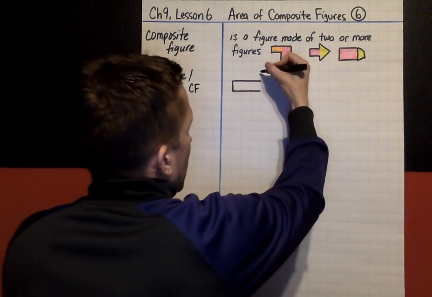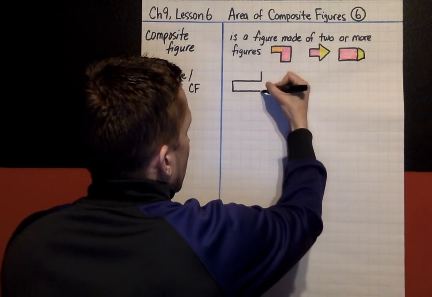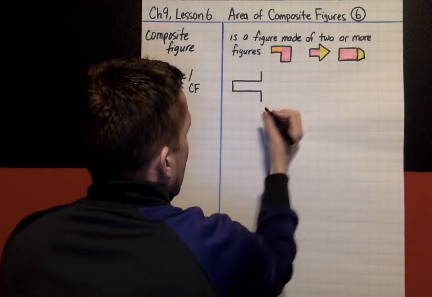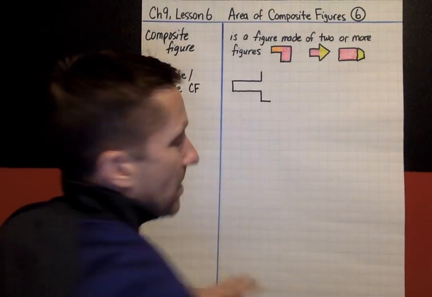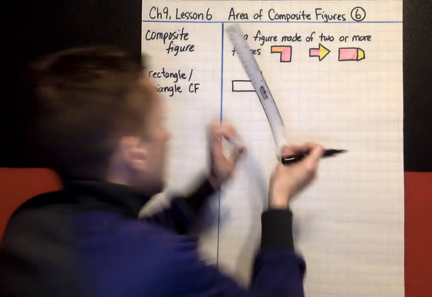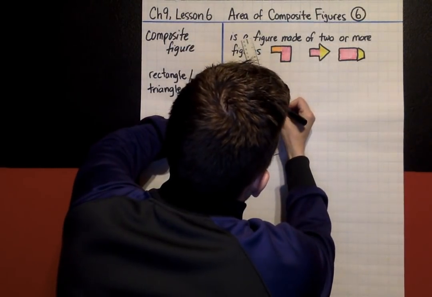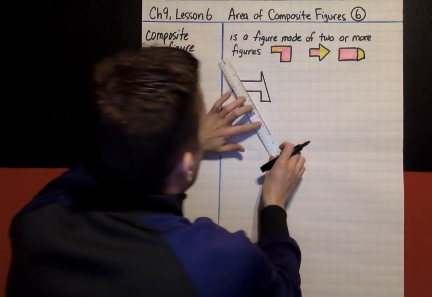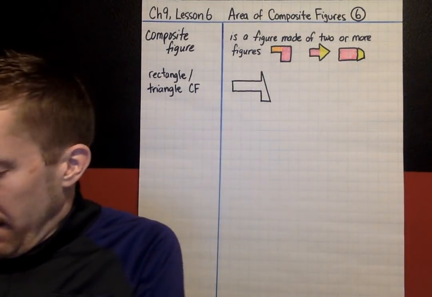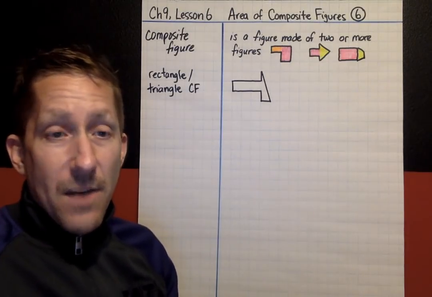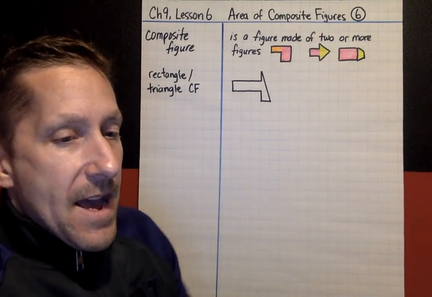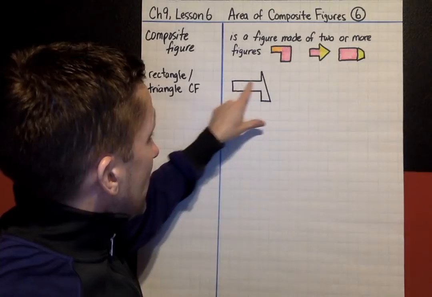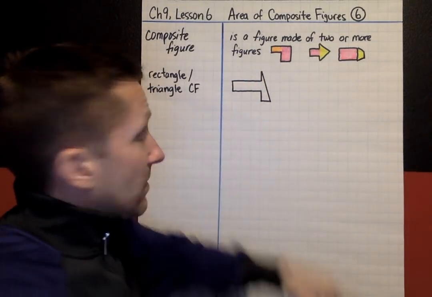And then I'm going to draw 1 line up, 1 line down, 1 over, and then connect with a ruler, that. So that actually looks like a tomahawk. And this is a rectangle, and then we have a triangle.